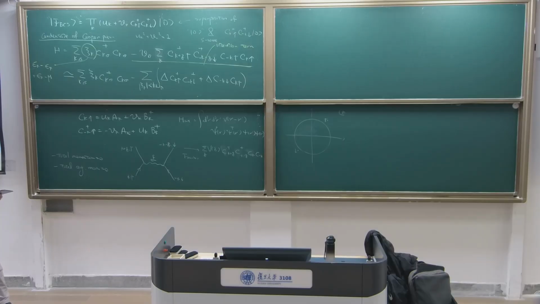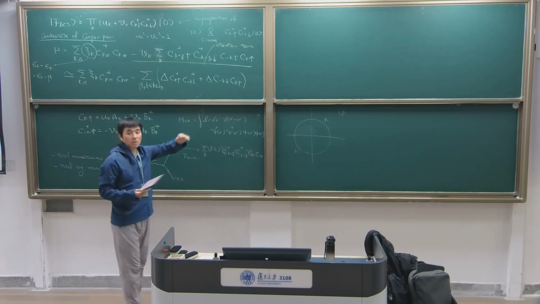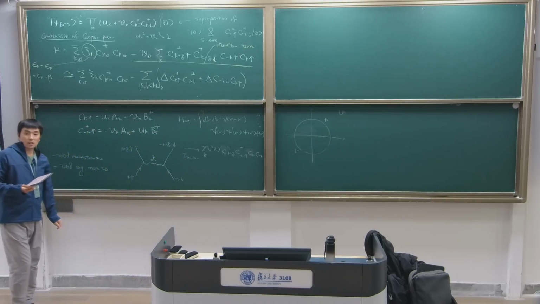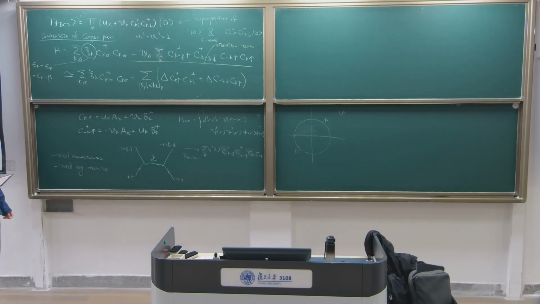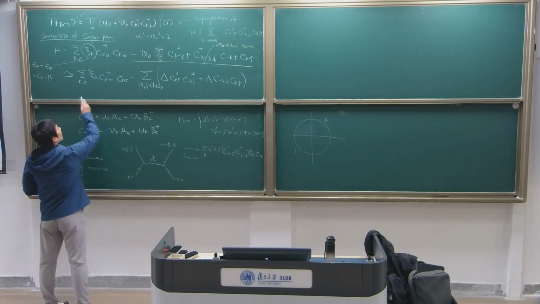So we have spin up and spin down, equal numbers, therefore in total it's a spin singlet. Is it okay?